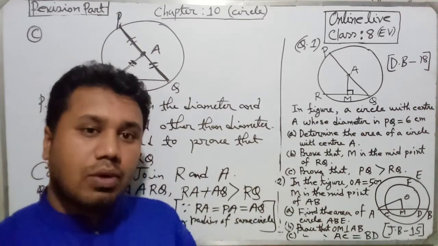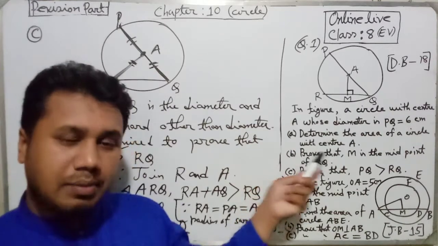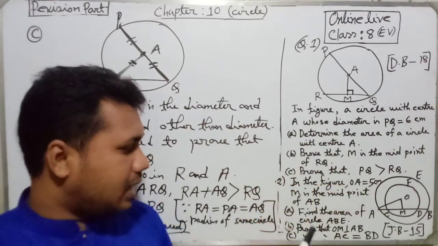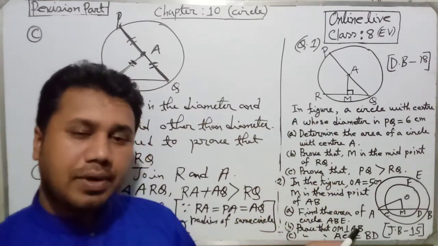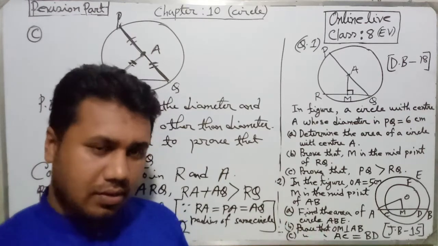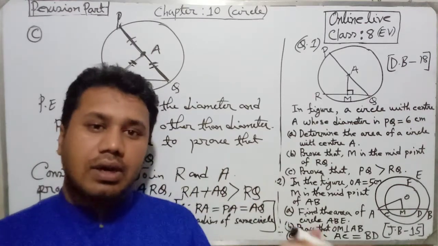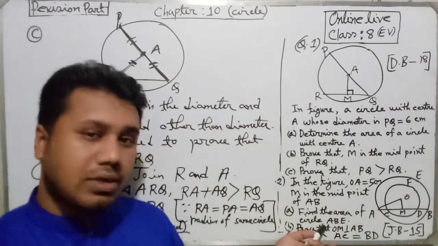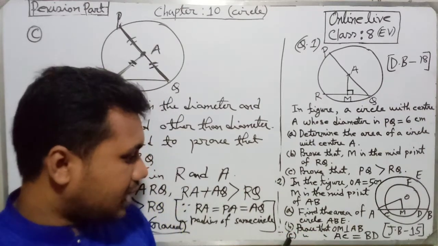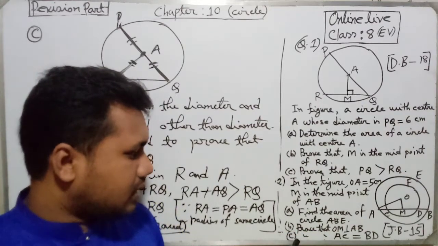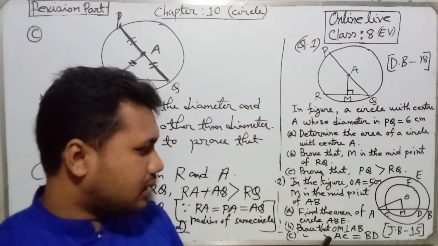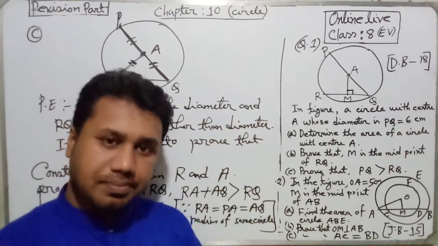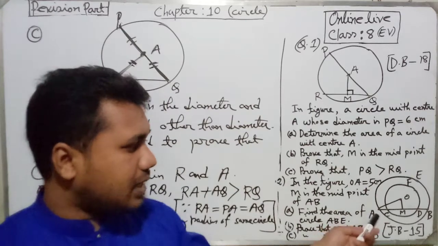So this is the converse theorem of this one. M is the midpoint of AB and we have to prove that OM is perpendicular to AB. So this is the converse theorem in our math book. Theorem number 1, this is the converse theorem of theorem number 1. And C number says prove that AC equal BD. Now we have to prove that AC equal to BD.